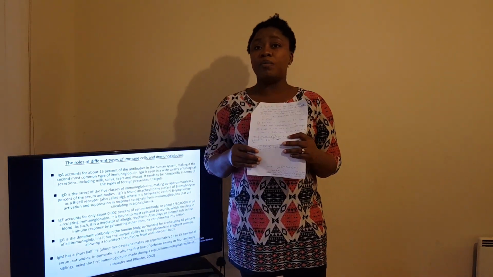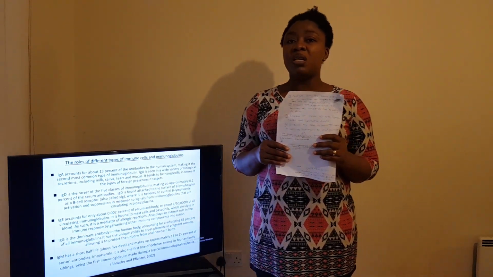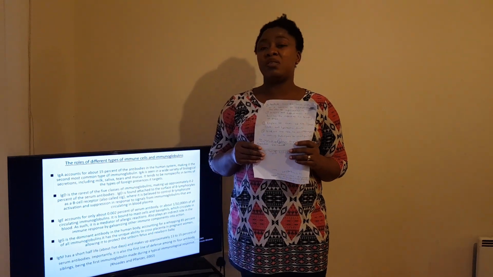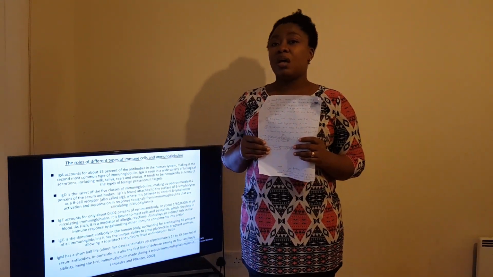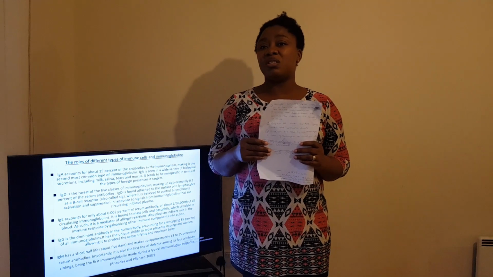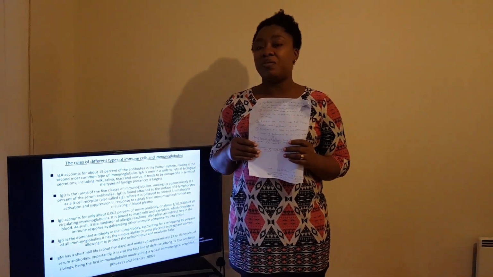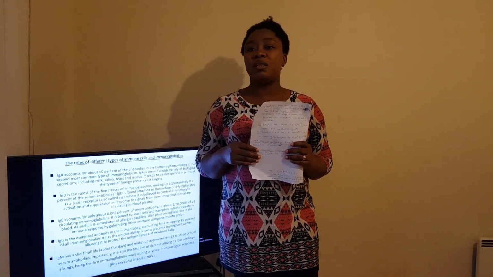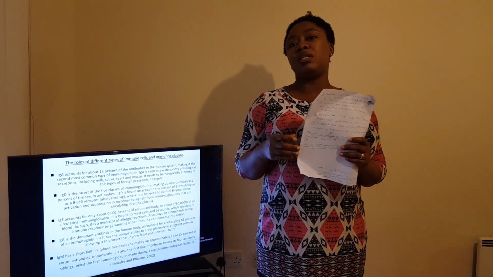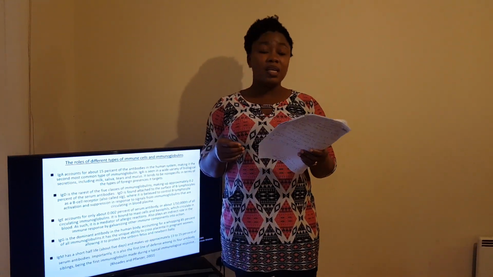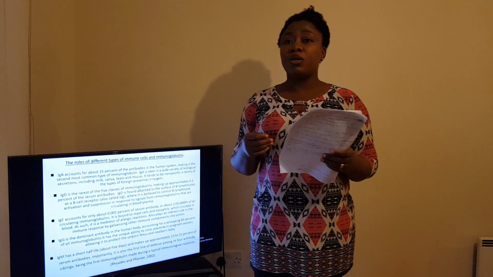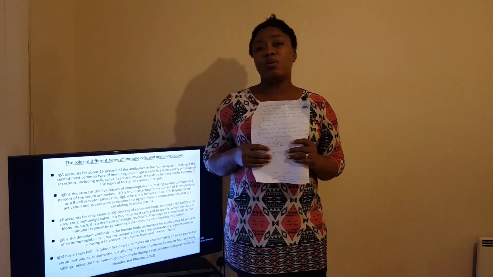And IgE accounts for only about 0.002% of the serum antibodies, and as such is a mediator of allergic reactions. It also plays an indirect role in the immune response by galvanizing other immune components into action.